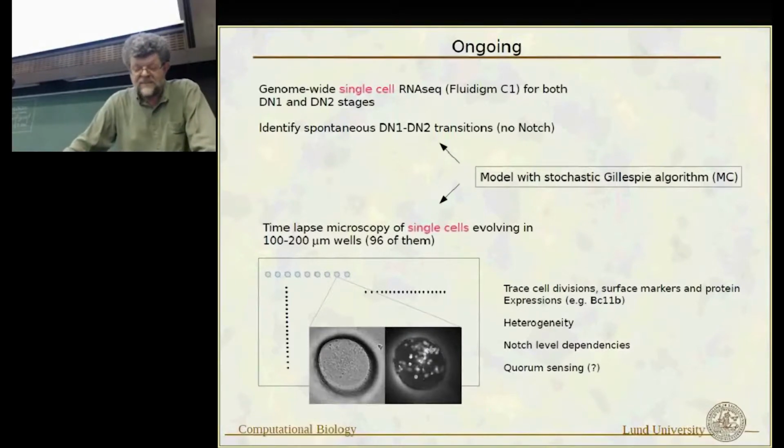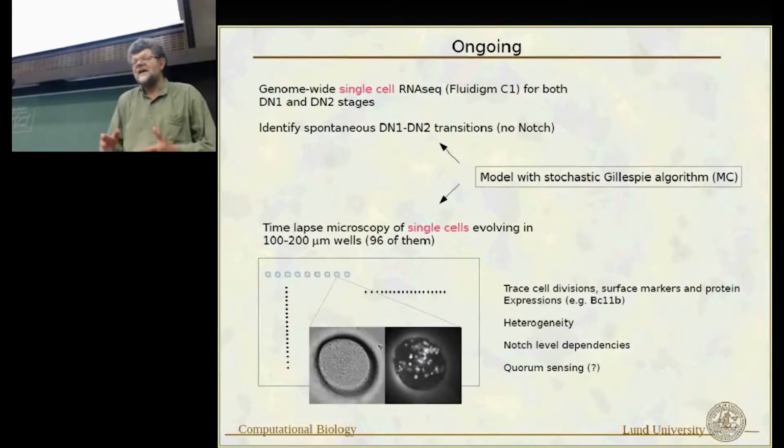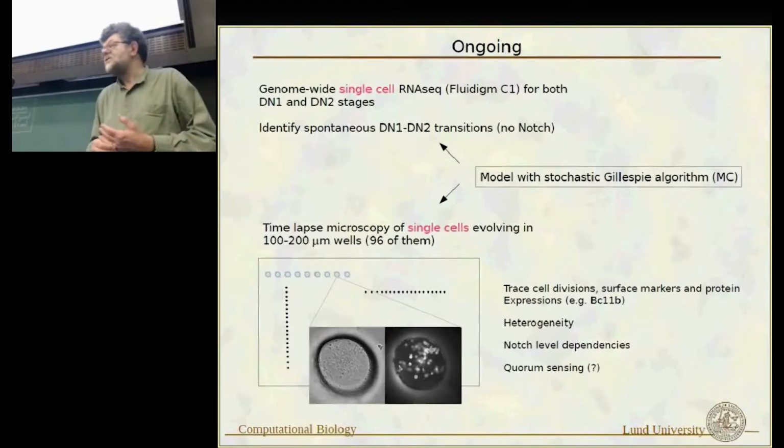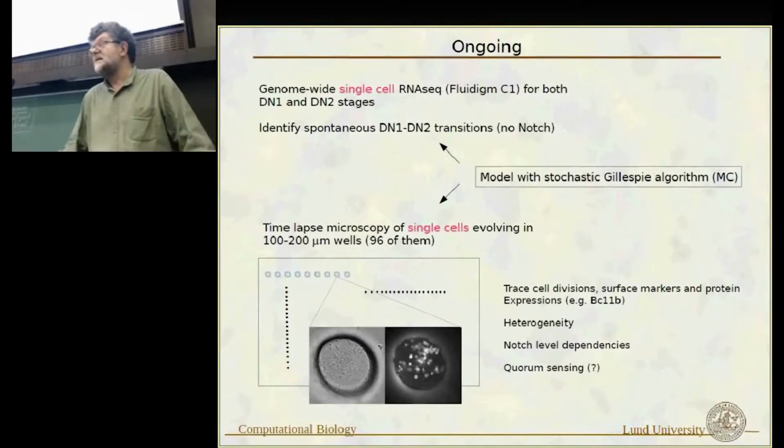commitment business. So as we learned yesterday, going from bulk data to single cell data is not only a question of getting more data, or that you're not allowed to do bulk data because you don't have enough cells.